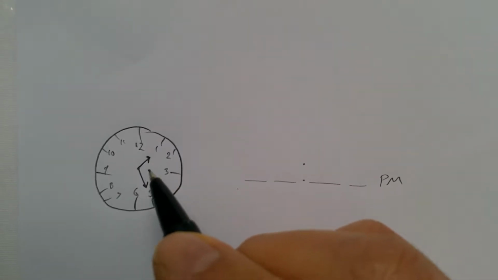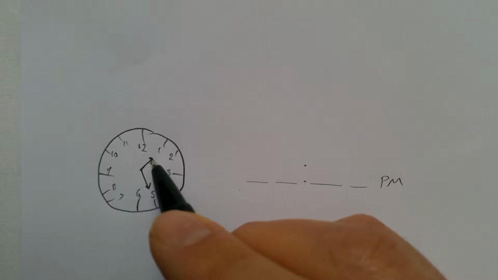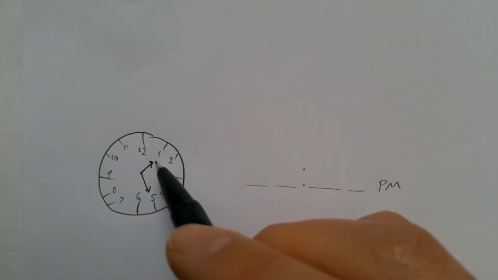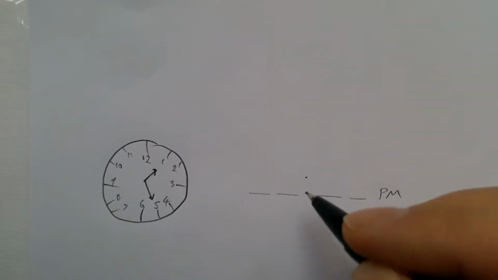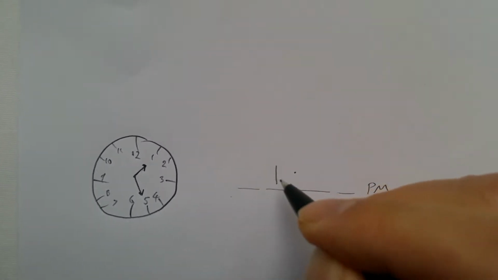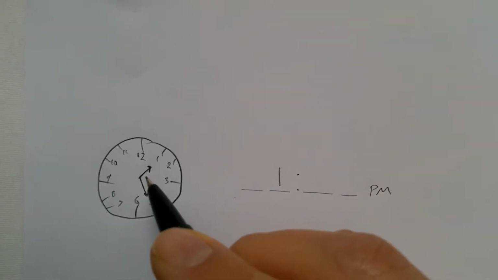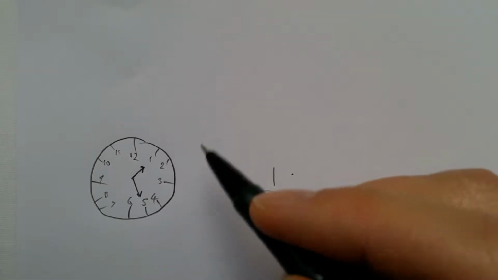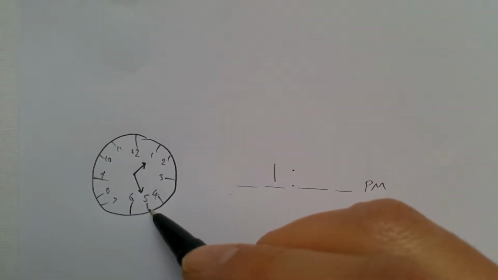So you would look at this, the small hand here, the hour hand, and this is the minute hand, and it's pointing at the 1. So the hour is 1, putting the 1 here, not here, it's not 10 o'clock, it's 1 o'clock. And the long hand, also known as the minute hand, is pointing at the 5.